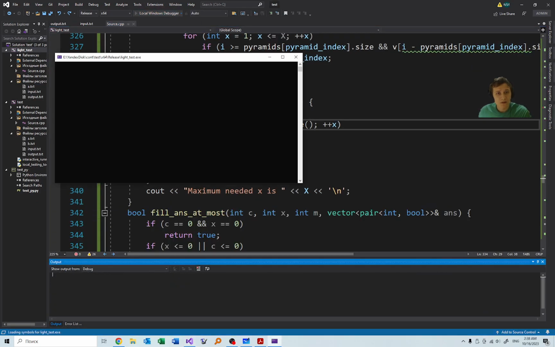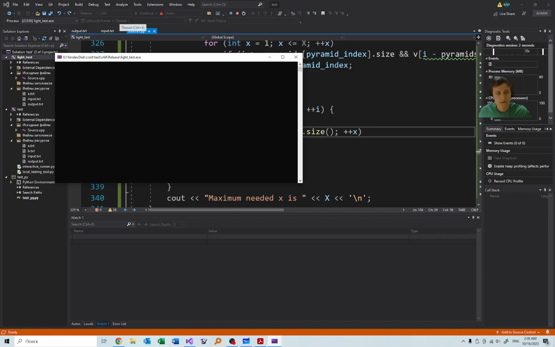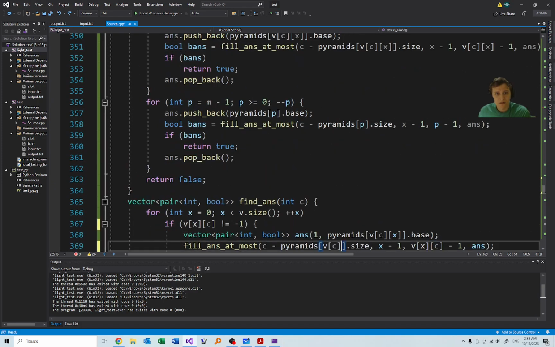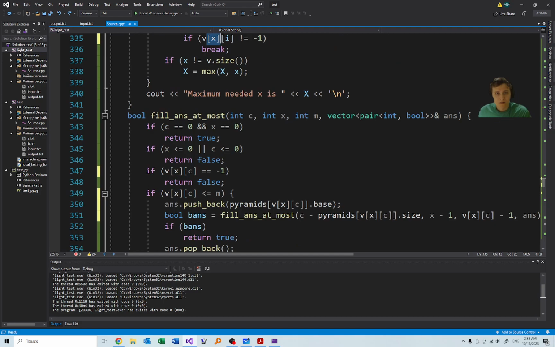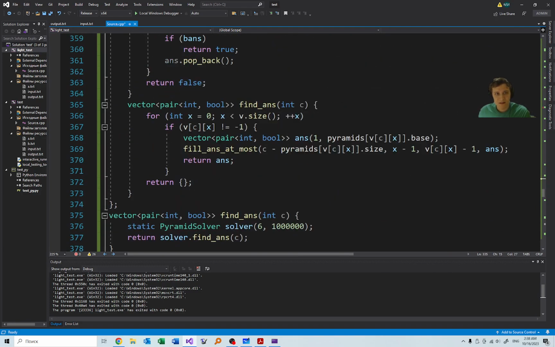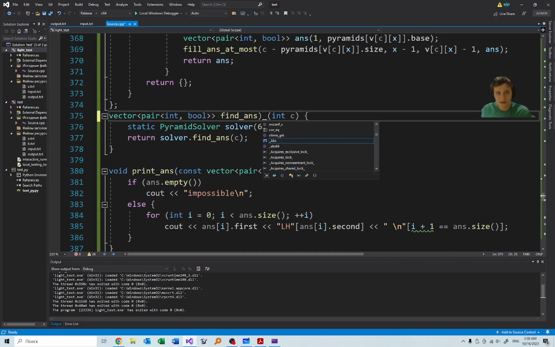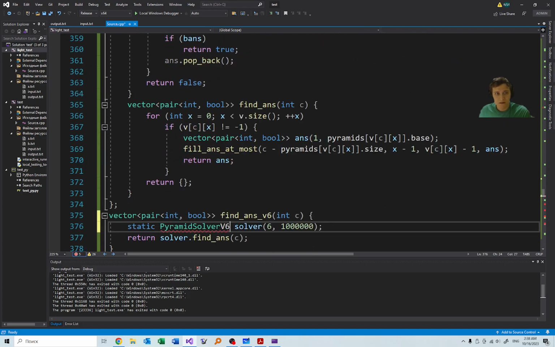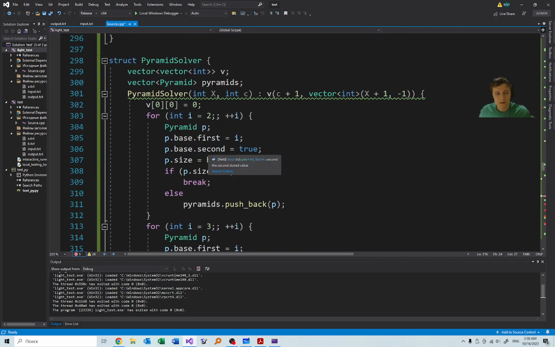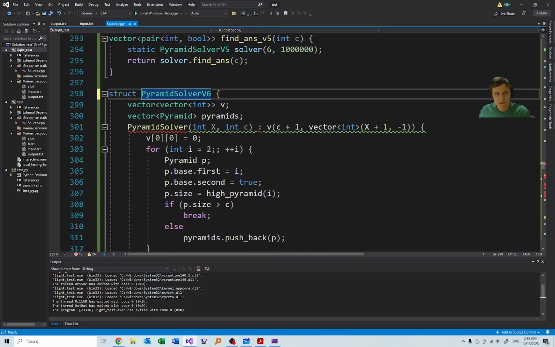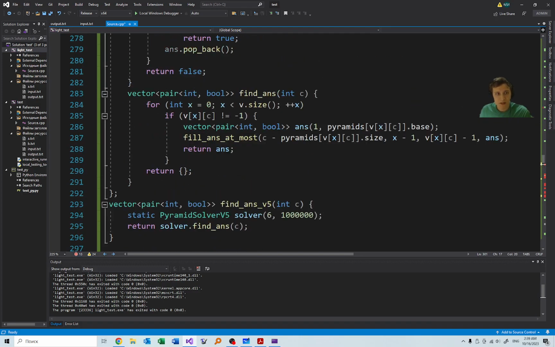It is much slower. Okay, never mind. This was a really bad idea. Okay, we can use it as v6. But now we actually want v5.